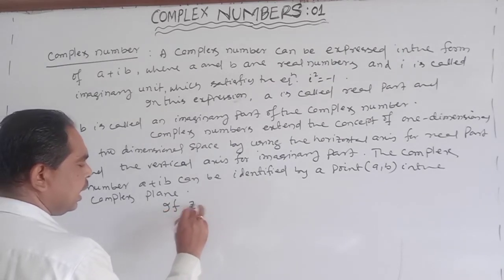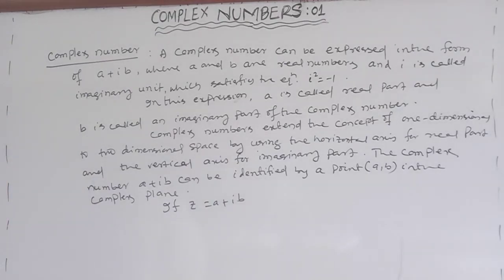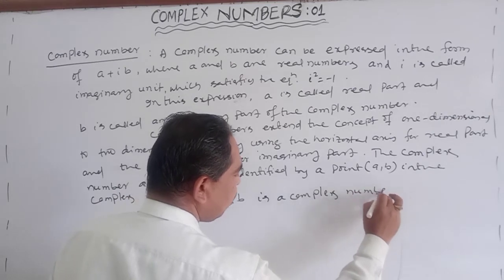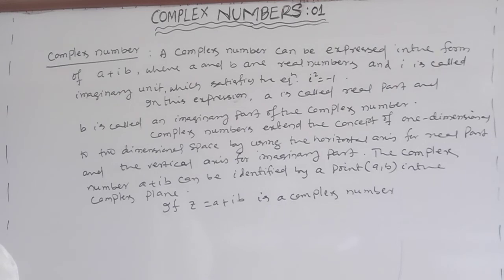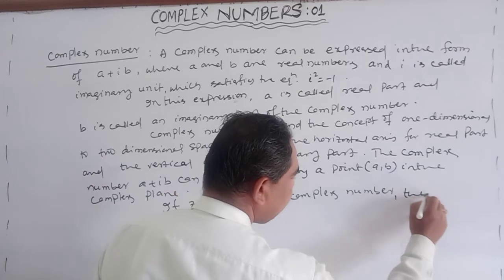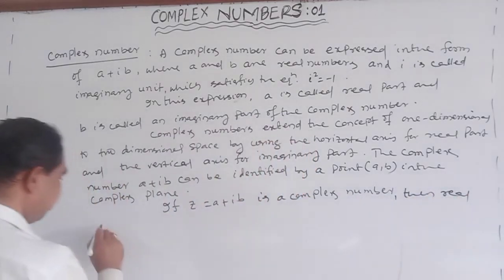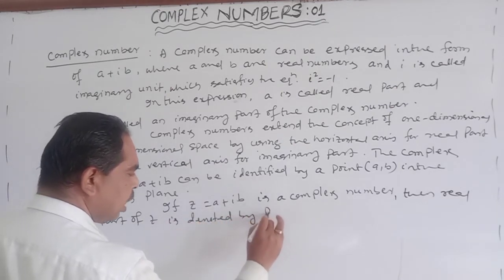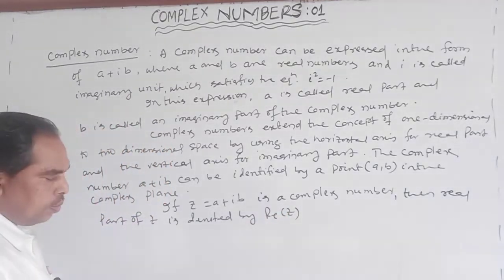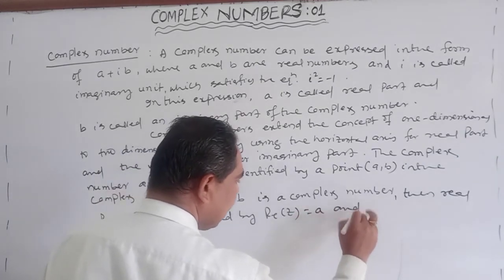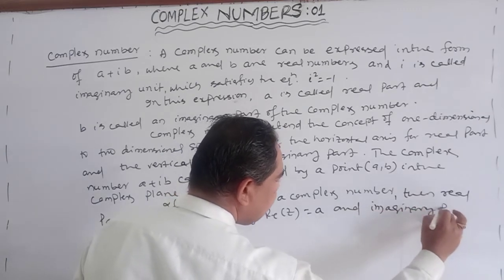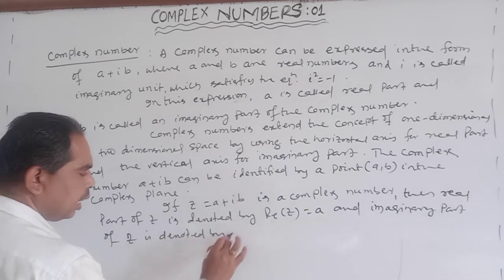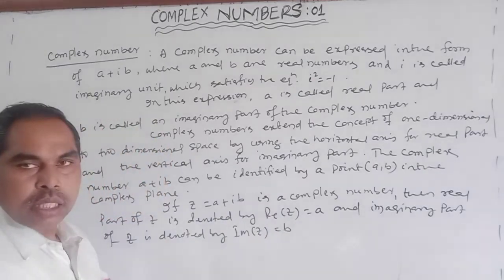If z is equal to a plus ib is a complex number, then the real part of z is denoted by Re z and is equal to a, and the imaginary part of z is denoted by Im z is equal to small b, not ib, only b.